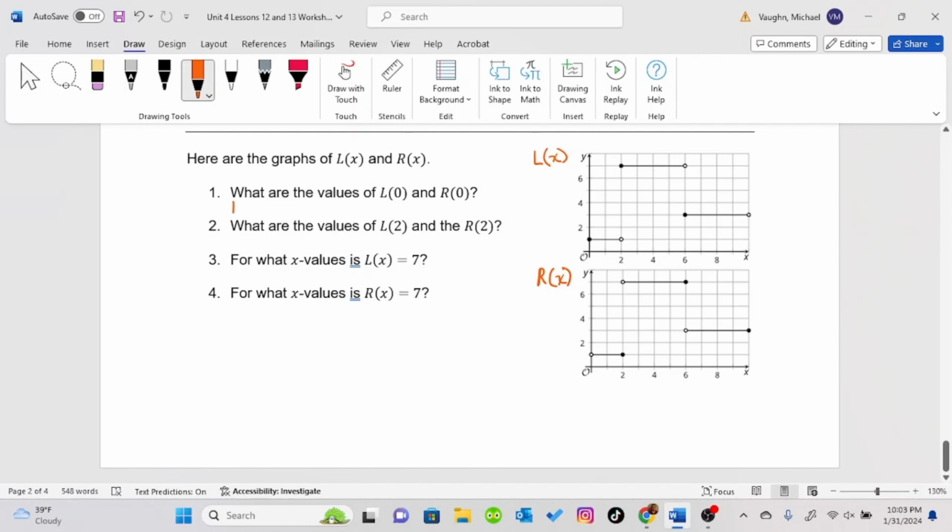Well, we can see that L of 0 equals this solid point at 1. And we can see that R of 0 has no value. It is undefined because we have an open circle here.